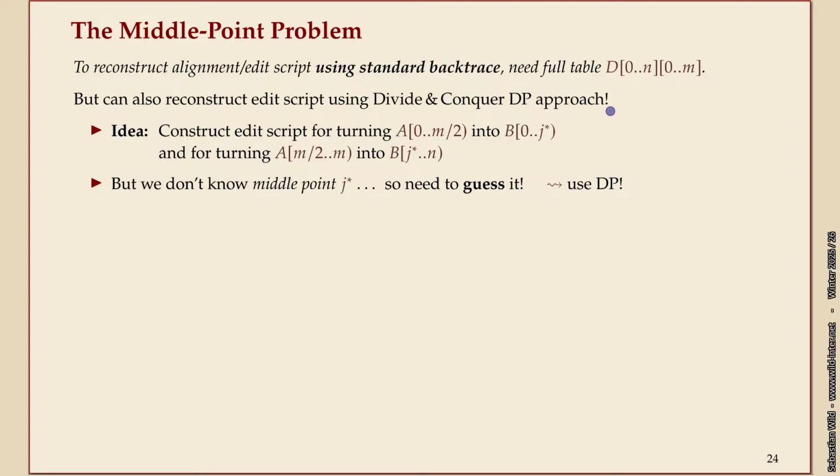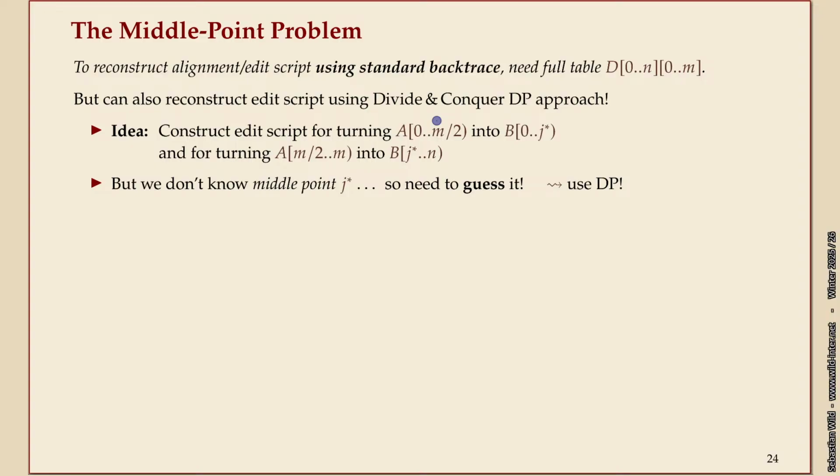And the idea is a cool chimera of divide and conquer and dynamic programming. You kind of use the two mixed together. We use divide and conquer to reconstruct the edit script, and we use dynamic programming to help us decide how to break things up.